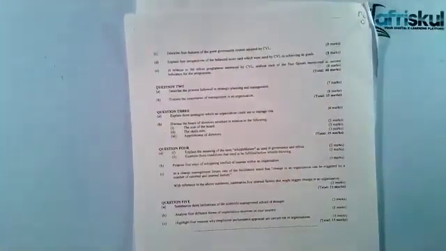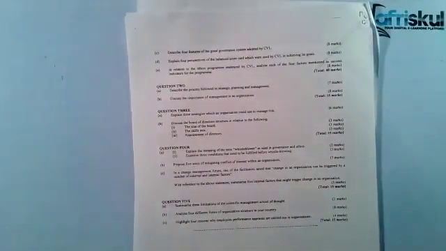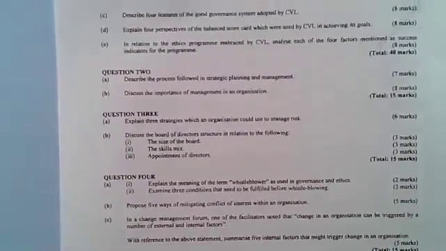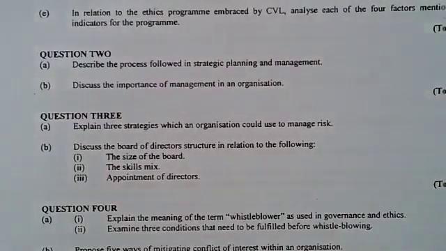So that question was there in November 2015, question 2A. We can go to our past papers to see how it was phrased. So the question asks, we are asked to describe the process followed in strategic planning and management.